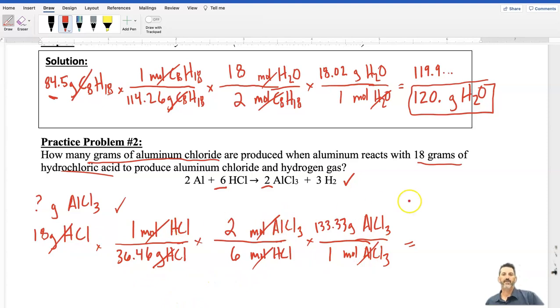Now I'm going to multiply everything on top, divide by everything on the bottom, and I think this one comes out to be 21.9 and a bunch of other numbers. So because we're starting with 2 significant figures, I need to round this to 2, so I call it 22 grams of AlCl3.